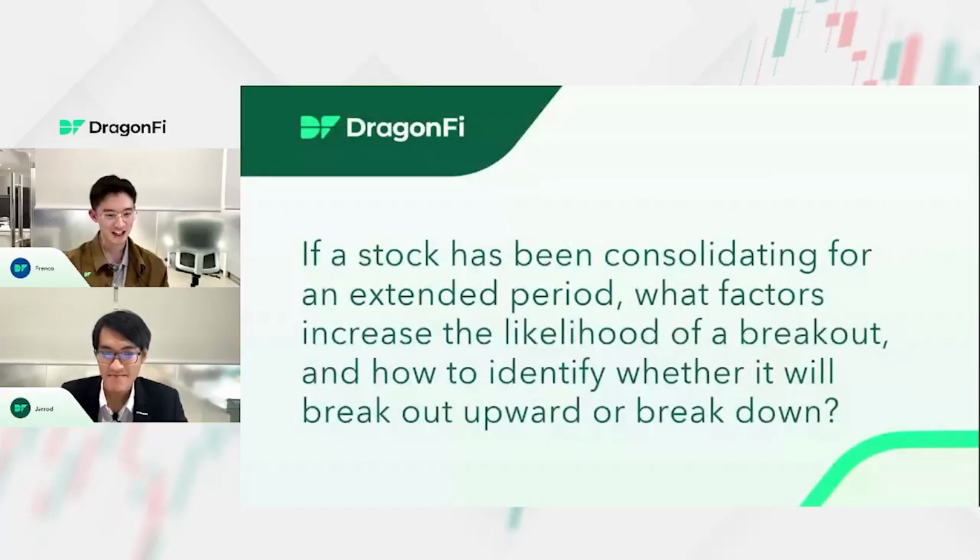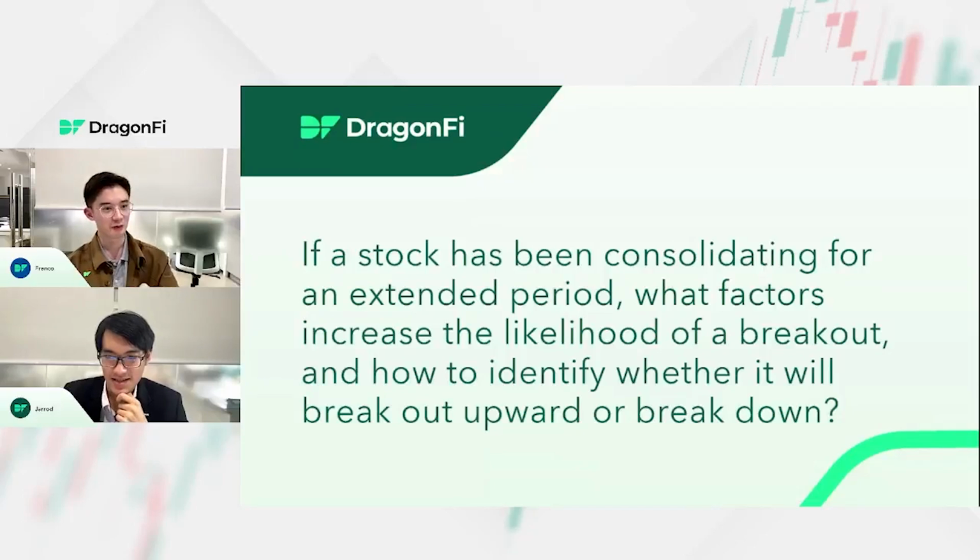So the question is, if a stock has been consolidating for an extended period, what factors increase the likelihood of a breakout, and how to identify whether it will break out upward or break down? Volume. If it breaks out with good volume, like PX, it has a higher chance of being successful. That's one. I guess it's really catalyst, right?